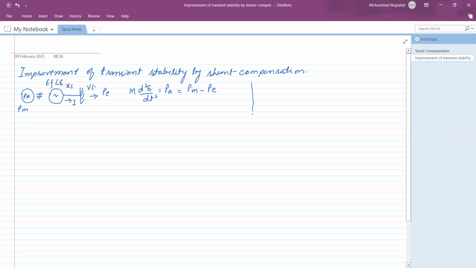What is the equal area criteria? It says that if the area under the acceleration curve and the area under the deceleration curve are equal, then the system is stable. Or simply, the acceleration area should be smaller than the deceleration area, then the system is going to be stable somewhere. So we are going to consider the equal area criteria.